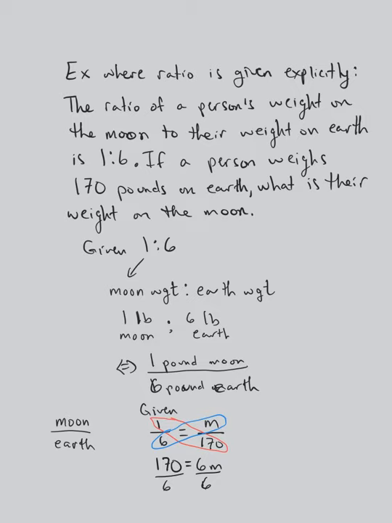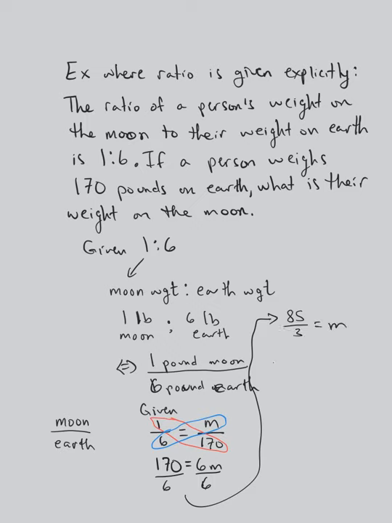You might notice that these reduce by 2, and so we get 85 over 3 is equal to M.